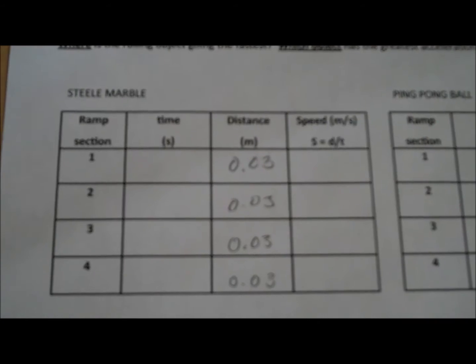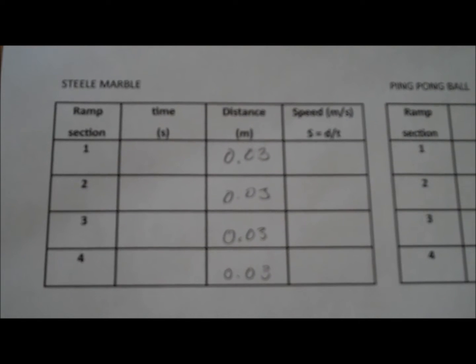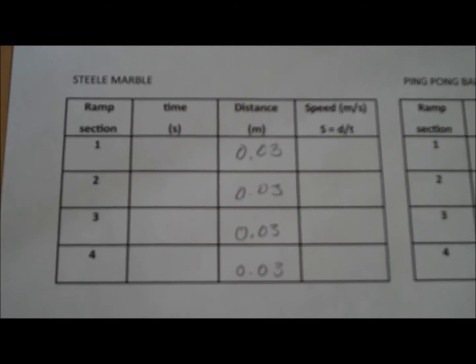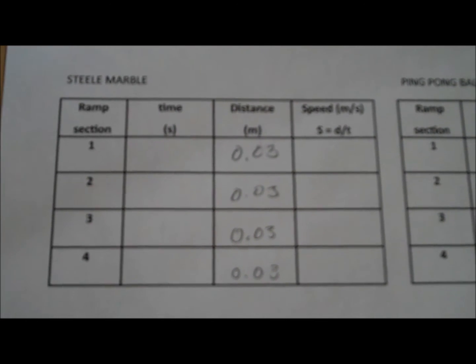However, if you notice on your paper, you need the distance in meters. So, how do we convert centimeters to meters? We need to move the decimal point 2 places to the left. So our distance is 0.03 meters. So you can fill in 0.03 all the way down on your data table as your distance.